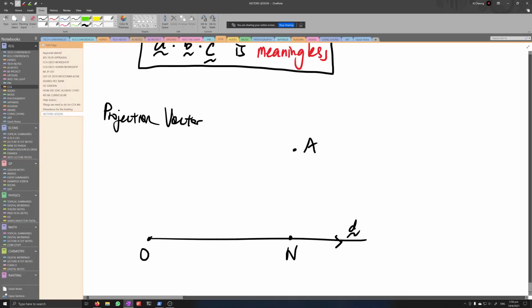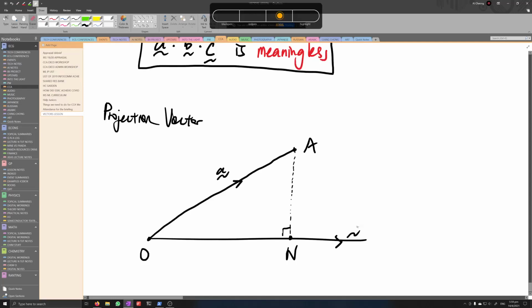Oh my god, this is so complicated. I'll draw my vector A like such, and then you drop a right angle triangle here. Then I shall call this B.